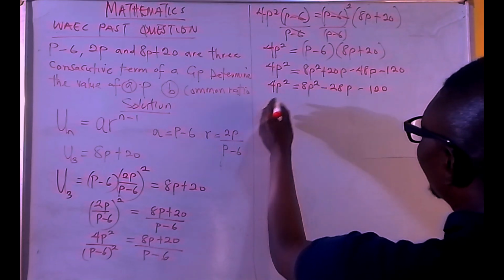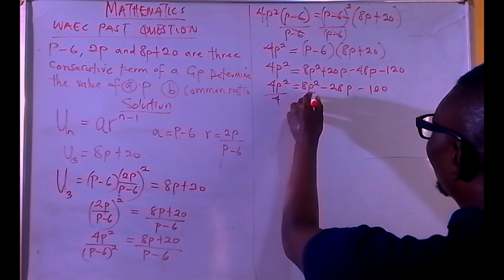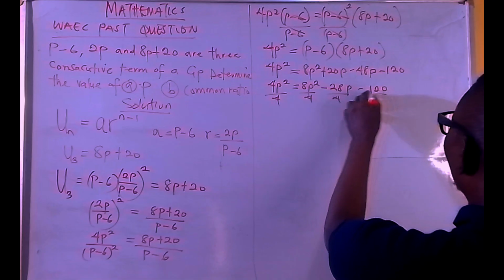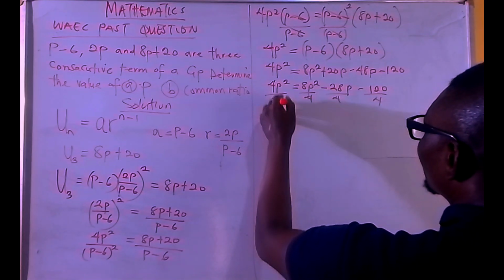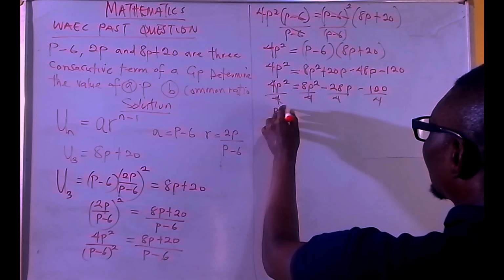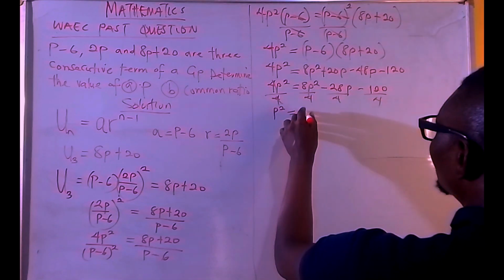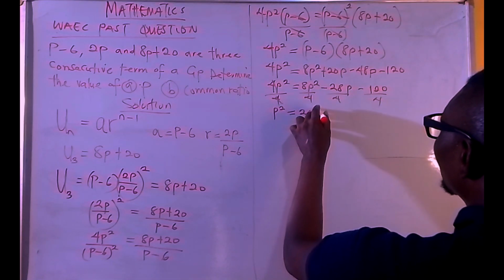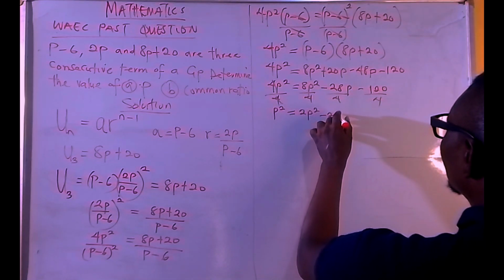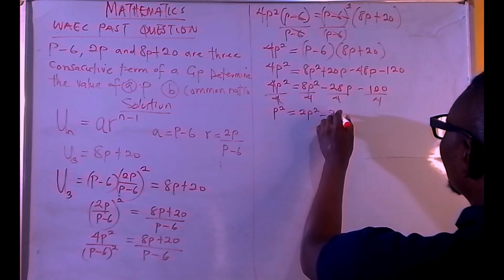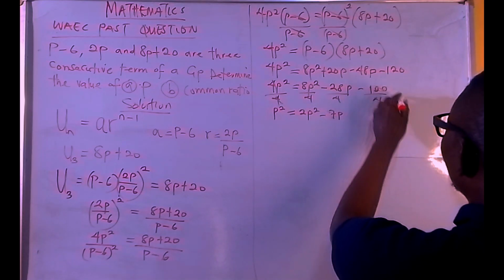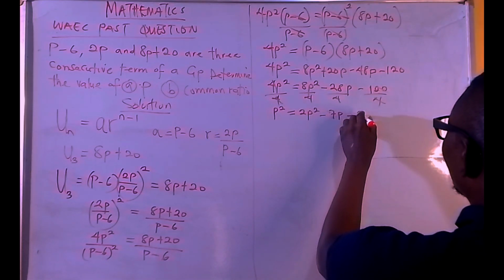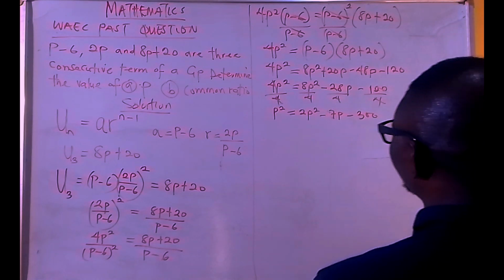So at this point, we divide all through by 4. If you divide all through by 4, we now have P squared is equal to 2P squared minus 7P minus 30.